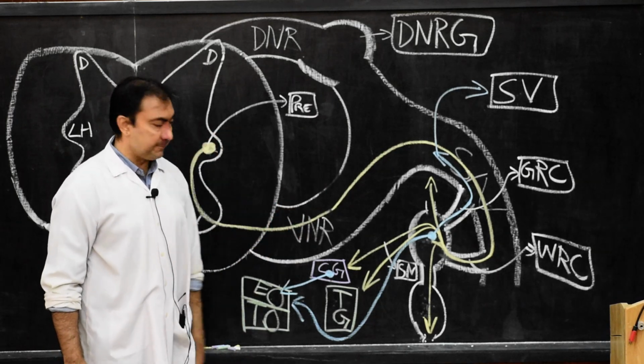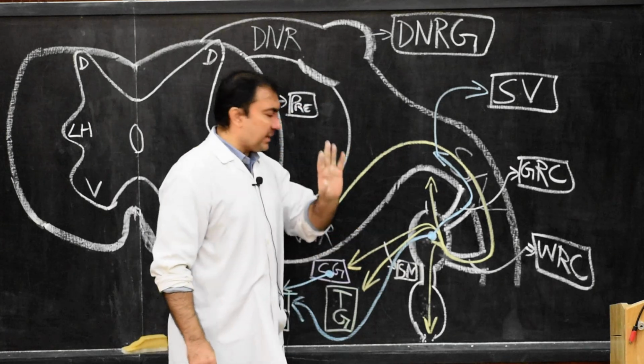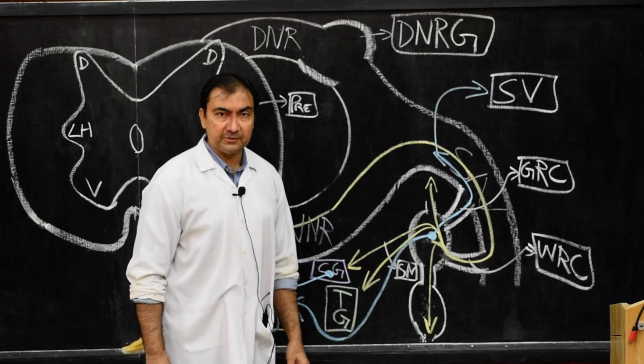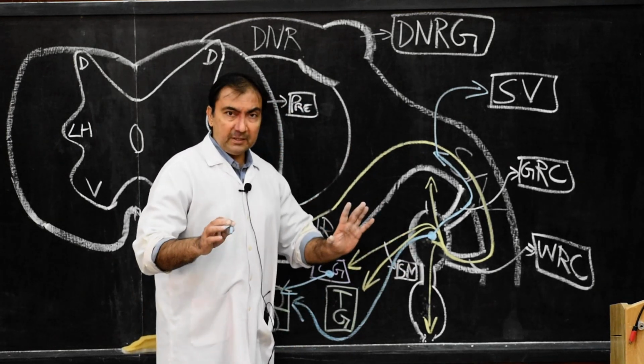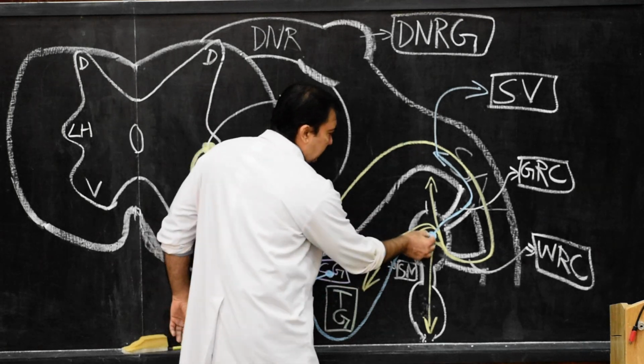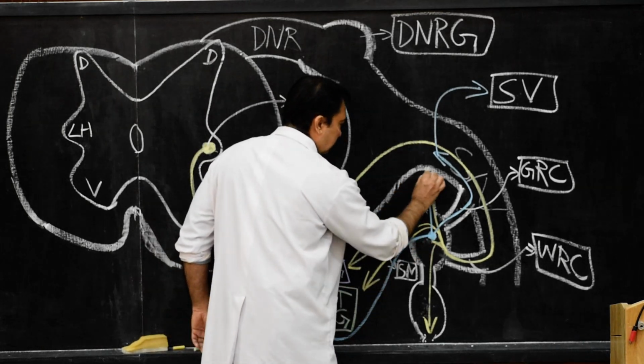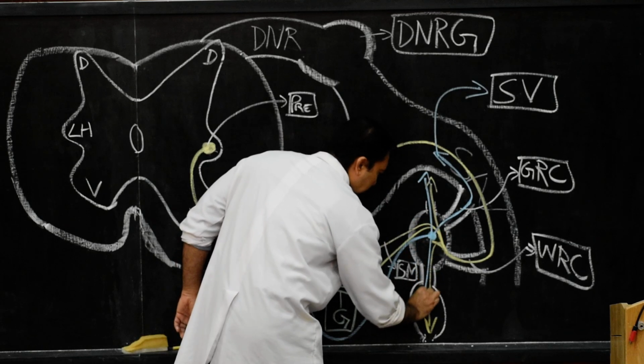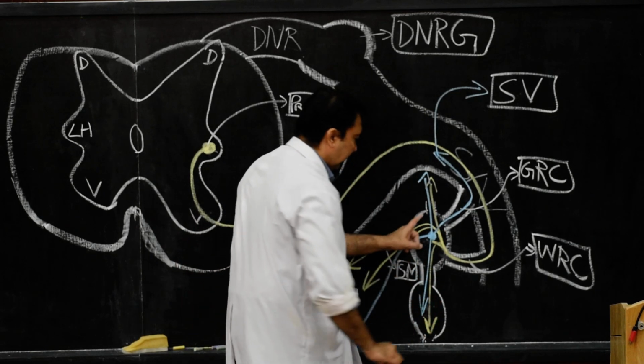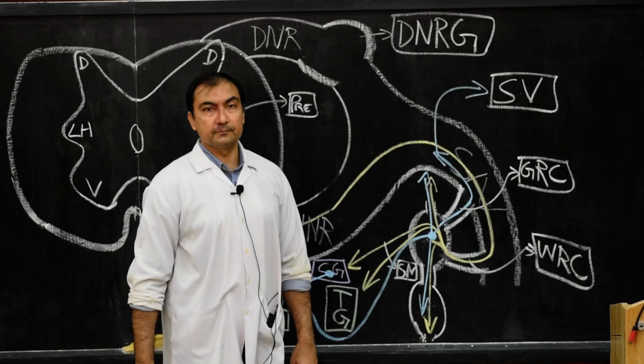Now the third pathway, coming back here. The third pathway of these post-ganglionic neurons will be very simple. From here, it will ascend upwards, or it will descend downwards across the sympathetic chain.